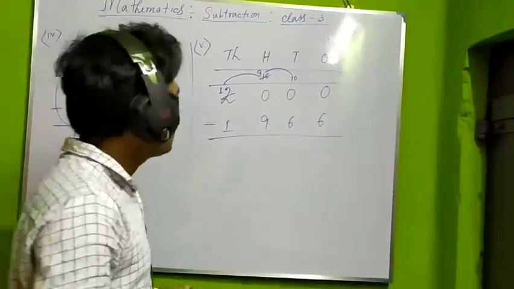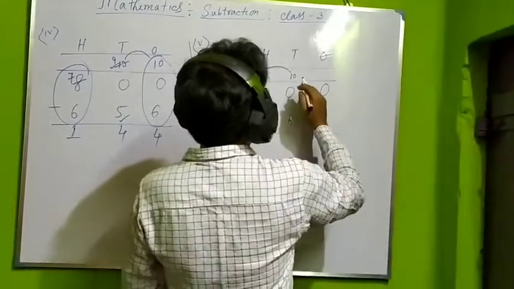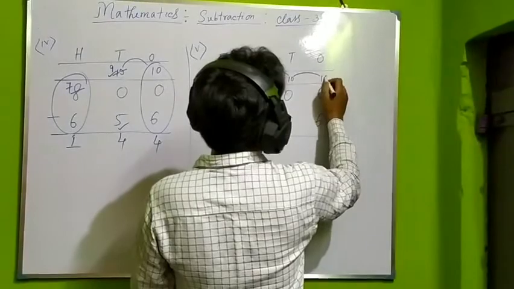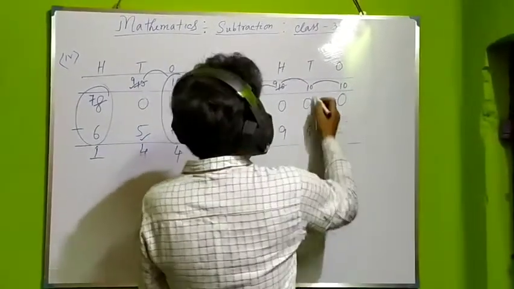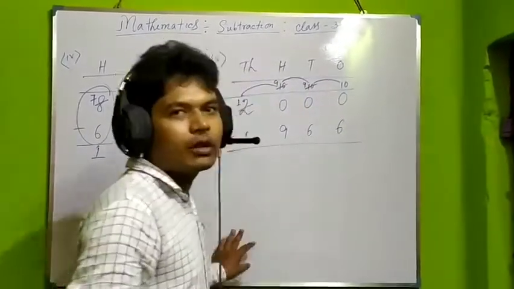Okay. Now from this 10 we have to borrow 1 for 1's place. Now when we take this 1 ten, we have to write down 10 at 1's place, and here also giving 1, this 10 converts to 9.